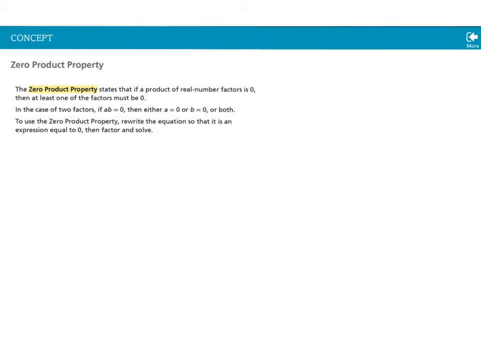So if A times B equals 0, then either A equals 0 or B equals 0. So for this type of equation, you're going to have two answers in this example. If I have A times B times C, then you're going to have three options there.